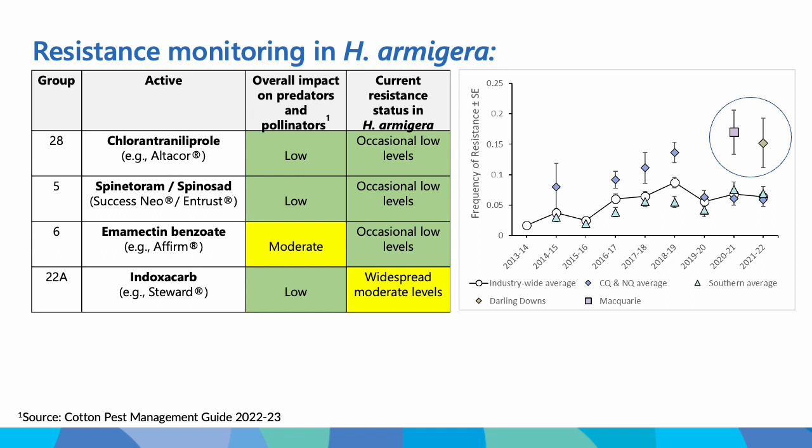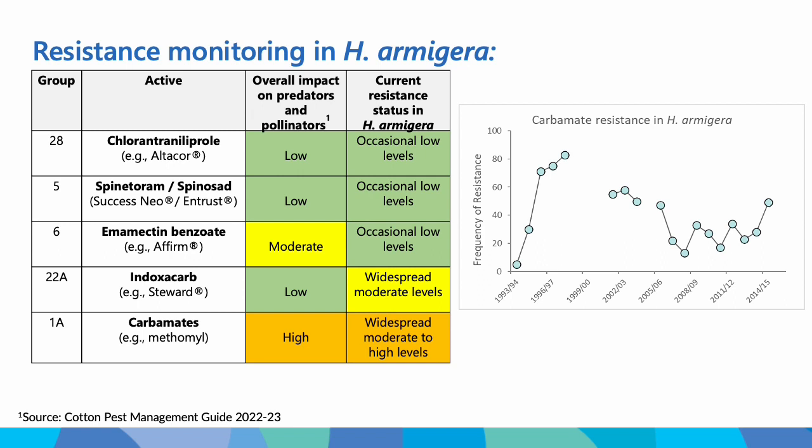But we have seen resistance emerge in other regions since, such as the Darling Downs last year and the Macquarie Valley the year before that. But the overall average is really what we look at in terms of quantitative shifts in industry-wide frequency, and it does seem to be pretty stable at the moment for indoxacarb.